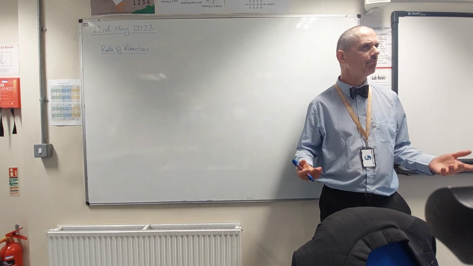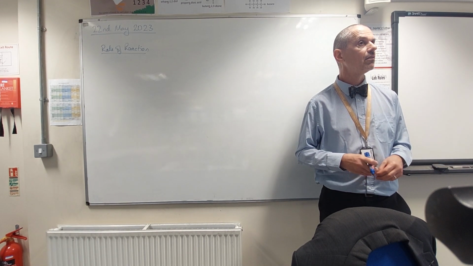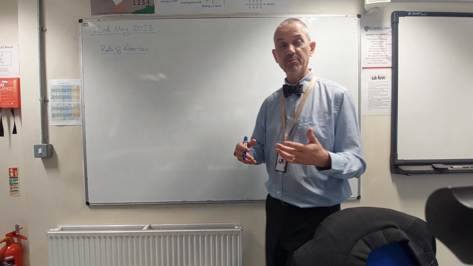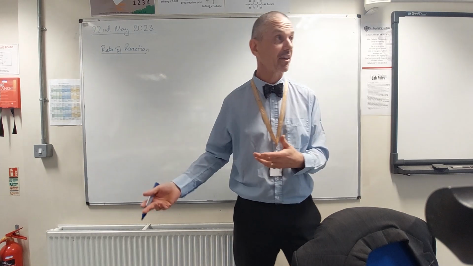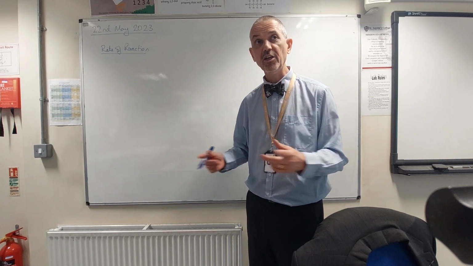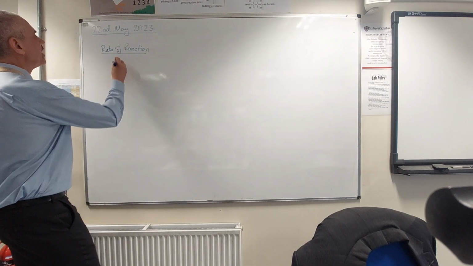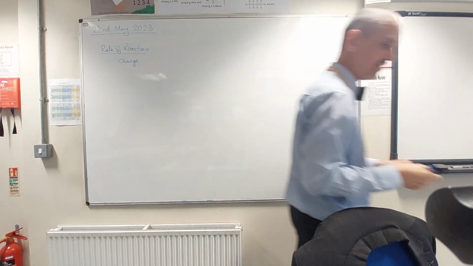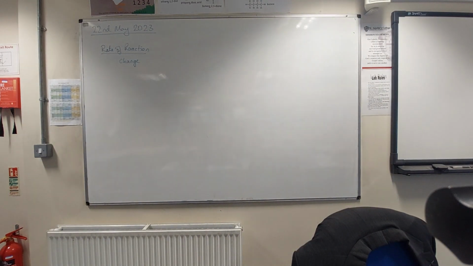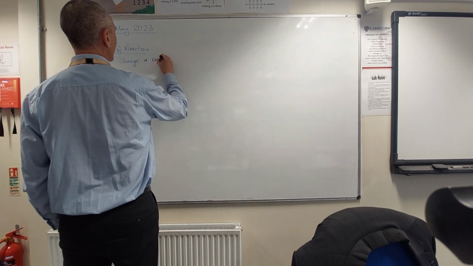What do we measure? Reactant used or product produced. Okay, so we can measure the change in the amount of reactant or product, either the amount of product produced or the amount of reactant used up. We're just going to tidy that up a little bit and say the change in concentration.